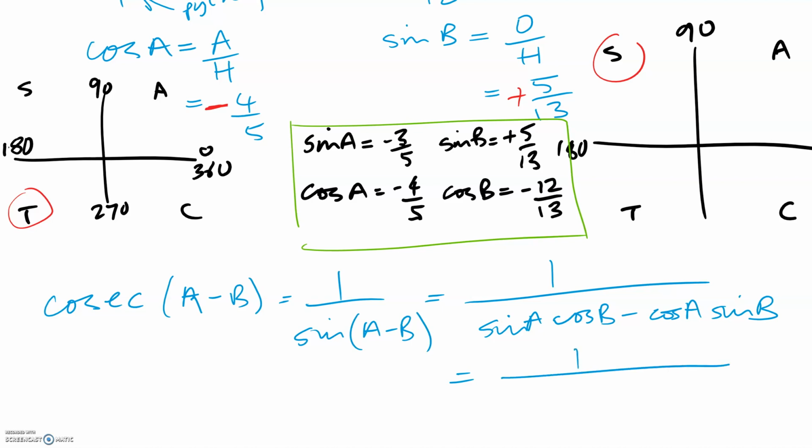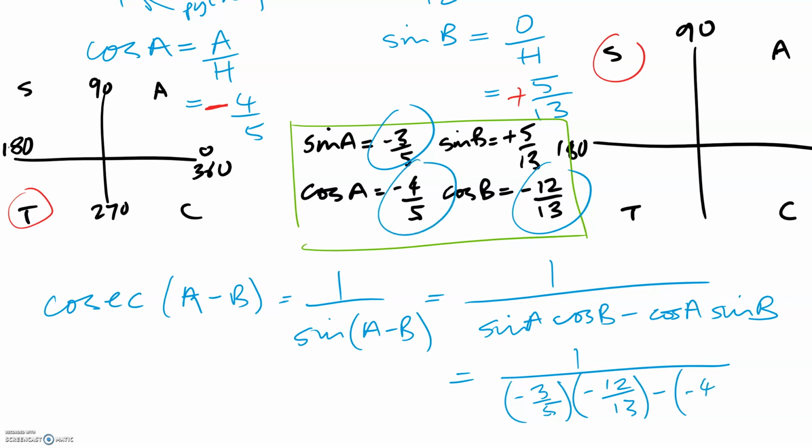So it's 1 over sine A is minus 3/5 cos B minus 12 over 13 cos A minus 4 over 5, and sine B is 5 over 13.